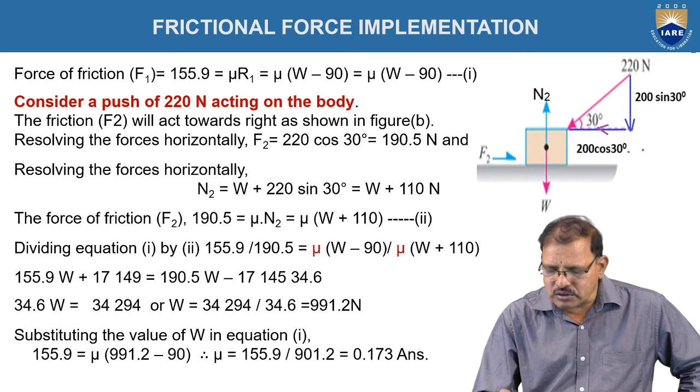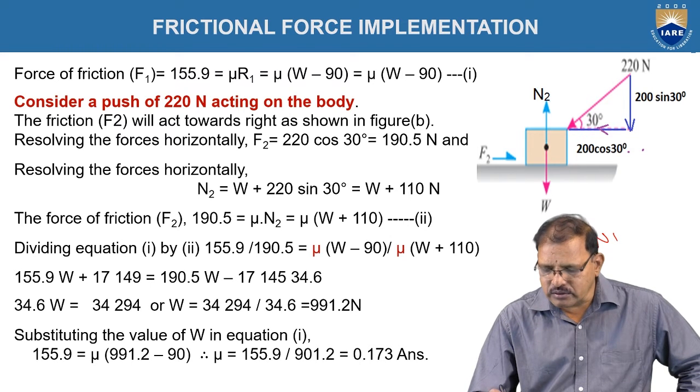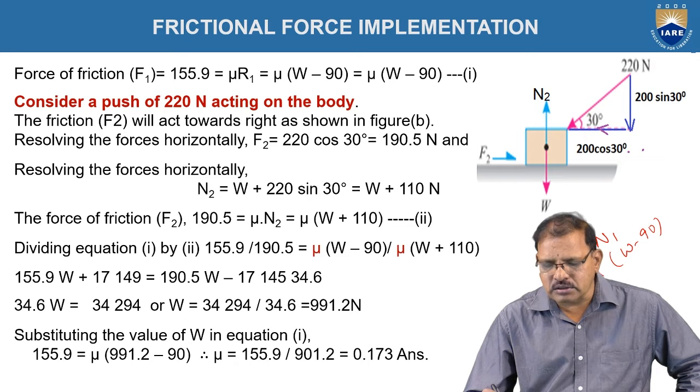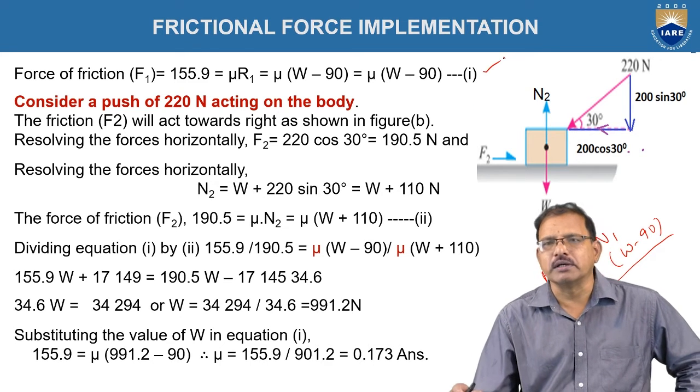But F is equal to mu N1, and N1 is equal to W minus 90, which is represented in equation 1.